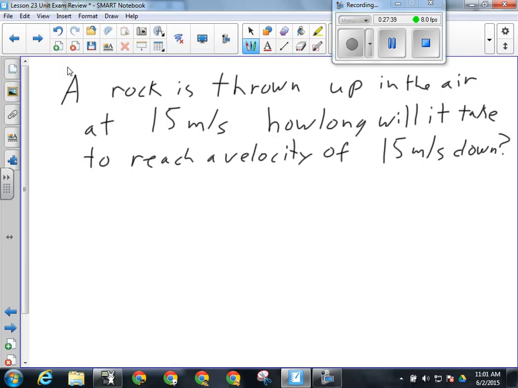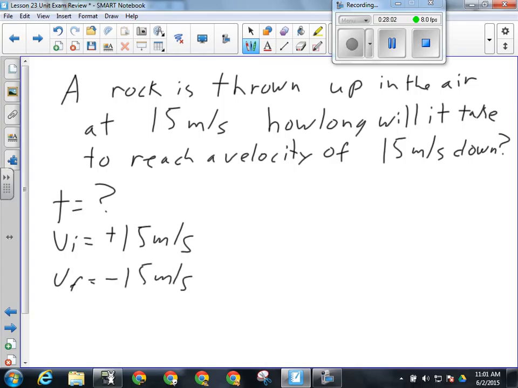So what am I looking for? I'm looking for time. How long, right? What am I given? I'm given initial velocity. What else am I given? Final velocity. Is it important that I indicate those are positive and negative?